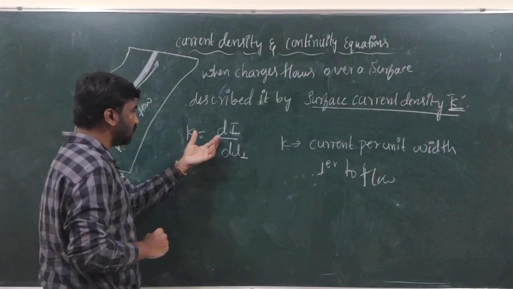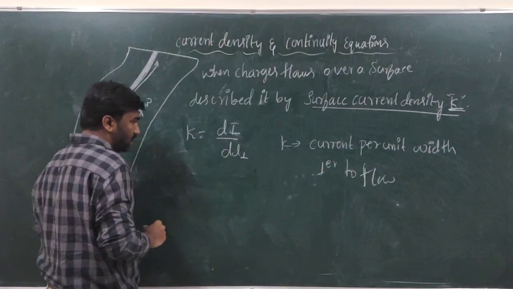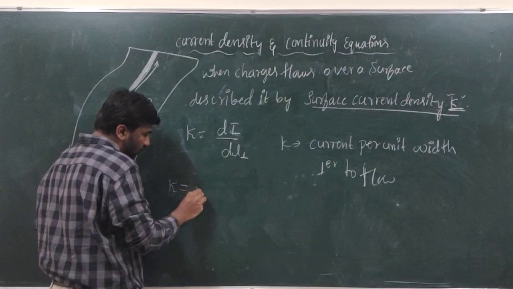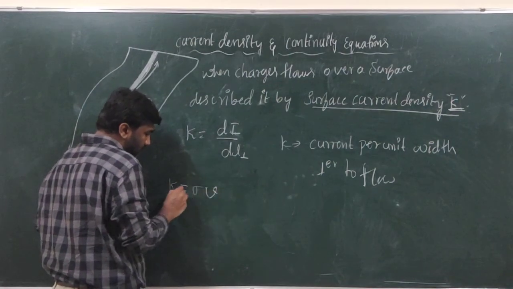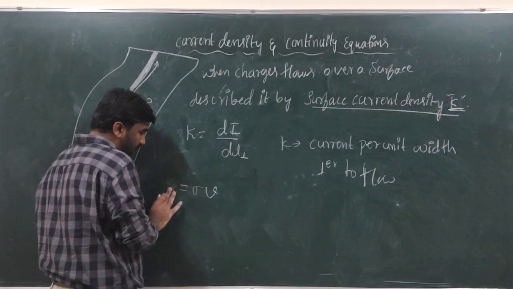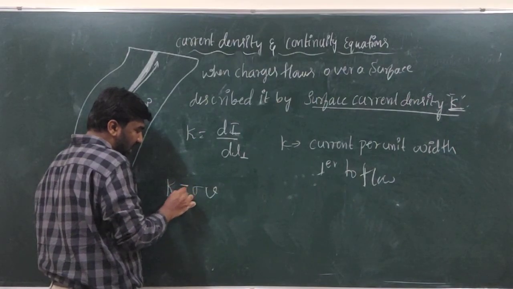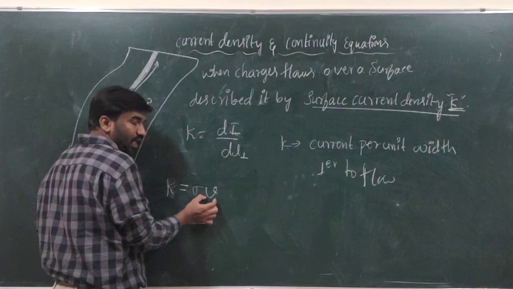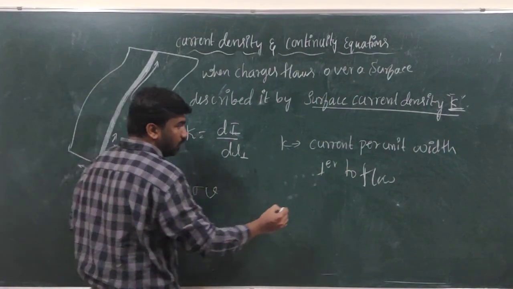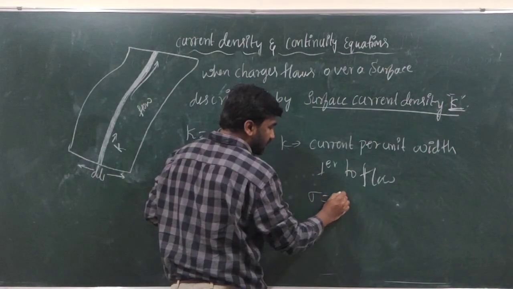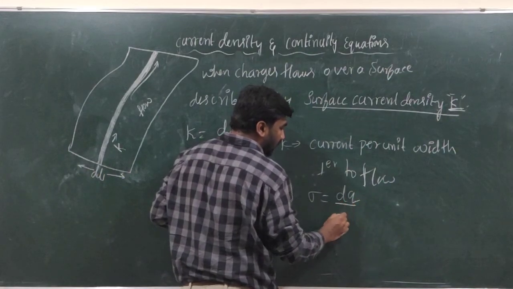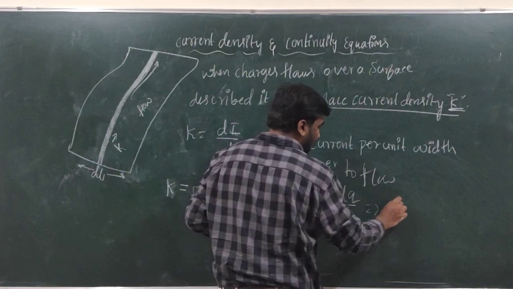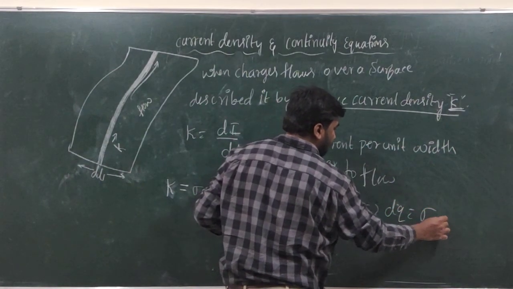So K is equal to di by dl perpendicular, and we can also write K is equal to sigma into V. This is the relation for the surface current density K: it is the surface charge density sigma into the velocity of the charges, where sigma is dq by dA, or dq is equal to sigma into dA.